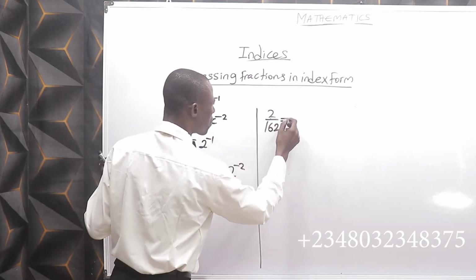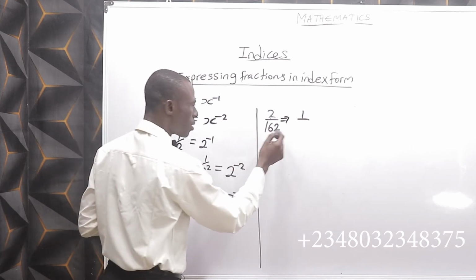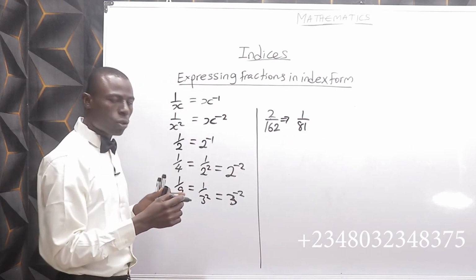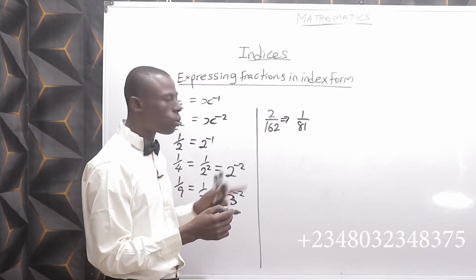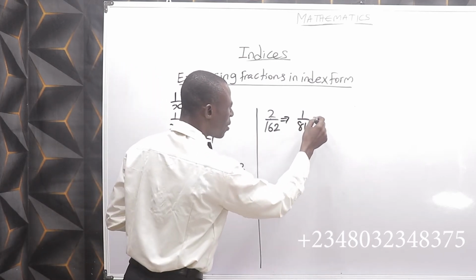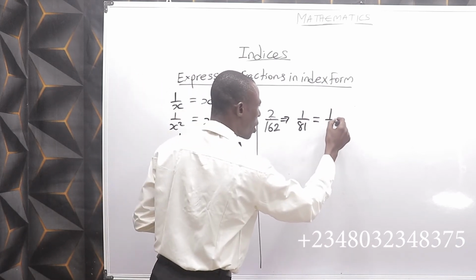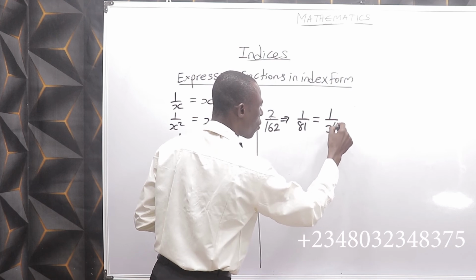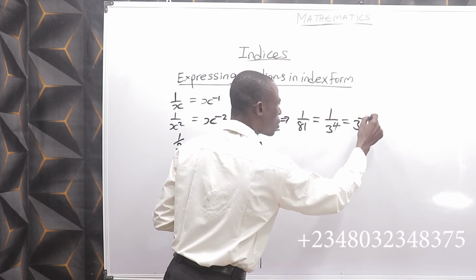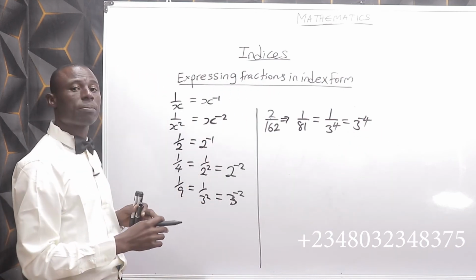So this will be 2 in 2 will give 1. 2 in 16, 8. 2 in 2, 1. So, in short, 2 in 162 is 81. To now express 1 over 81 in index form will not be a problem. You just first express it as 1 over 3 raised to the power 4. And finally, 3 raised to the power minus 4. So it follows the same pattern with this.